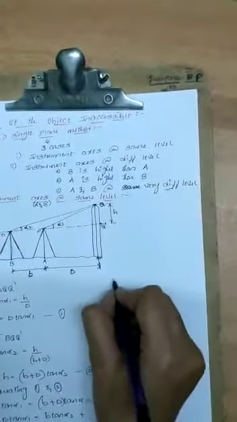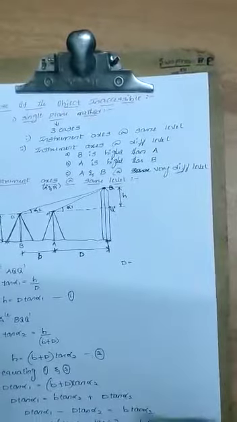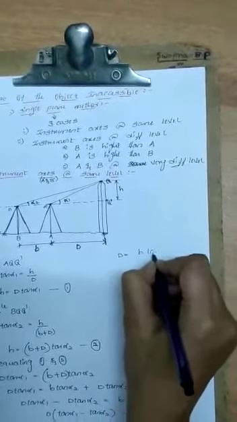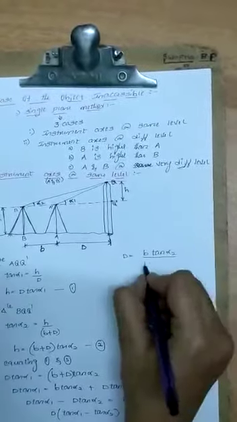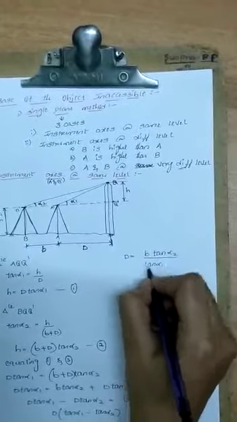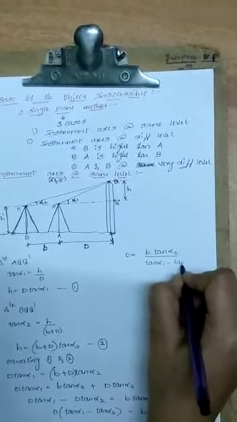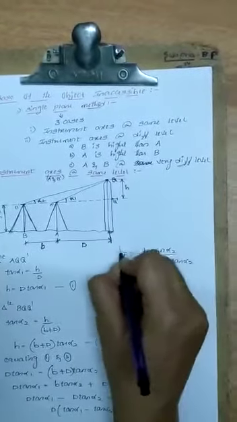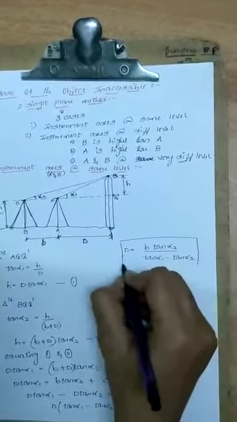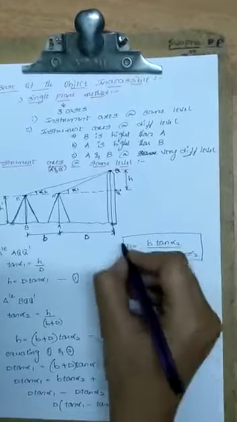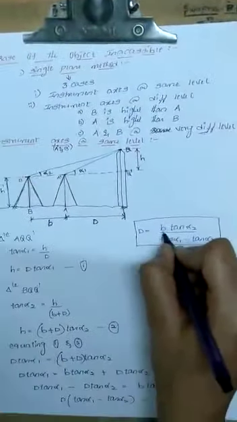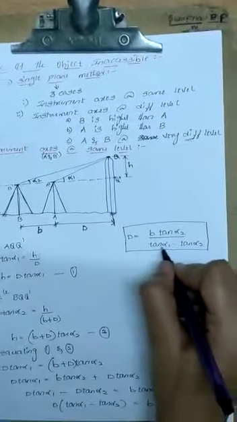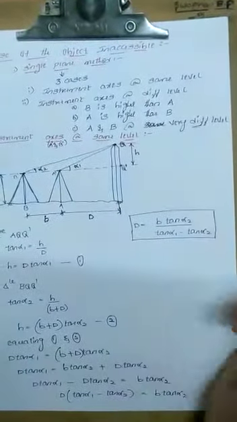Then D will be equal to B tan alpha 2 divided by tan alpha 1 minus tan alpha 2. This is the formula to calculate the distance of an elevated object from the instrument station. That is D equals B tan alpha 2 divided by tan alpha 1 minus tan alpha 2.